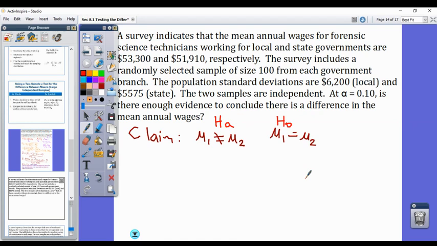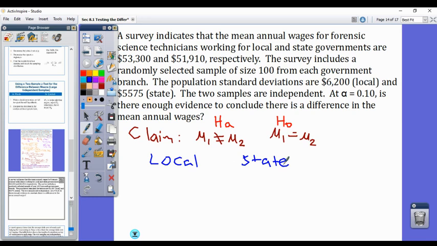Okay, so the other thing that I like to do with these is organize my data. So I have local, and I have my state, and I'm going to call my local 1 just because it came first, and this is going to be 2.